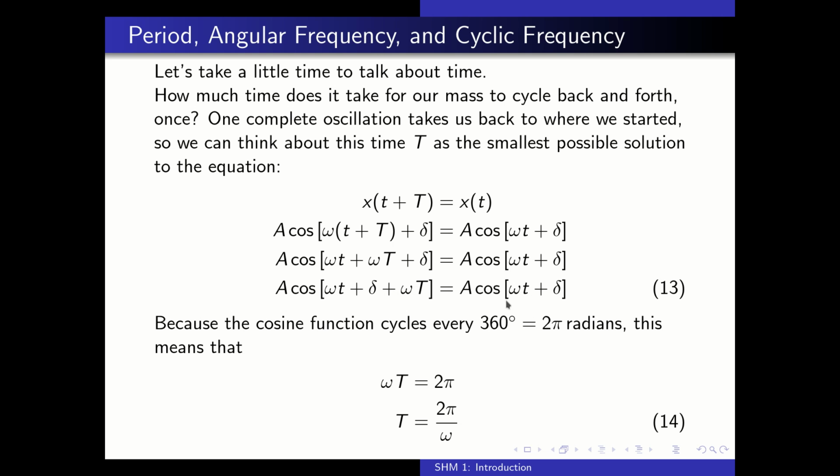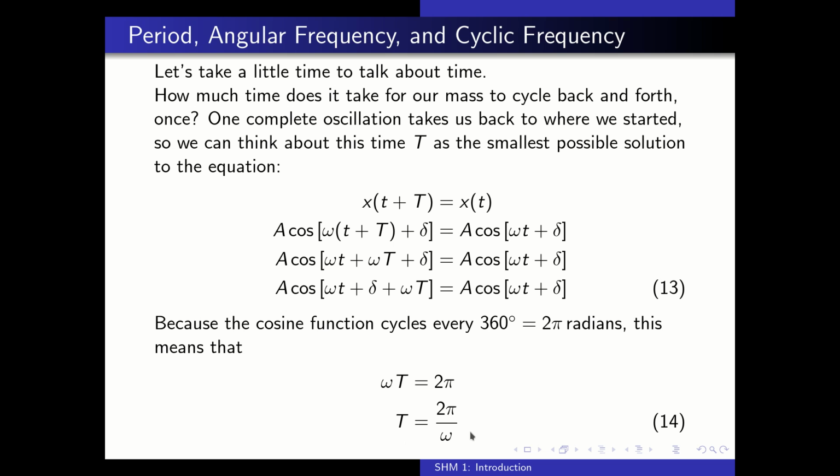So these arguments are exactly the same, except we have this extra omega T in here. Now, the cosine function repeats itself every 360 degrees, every 2 pi radians. That means this thing has to have a value of 2 pi in order for this cosine and this cosine to have the same value. So omega T must be equal to 2 pi, so T must be equal to 2 pi over omega.